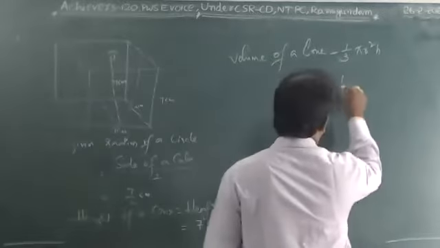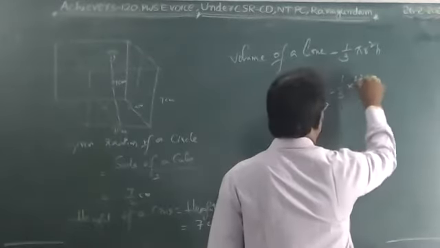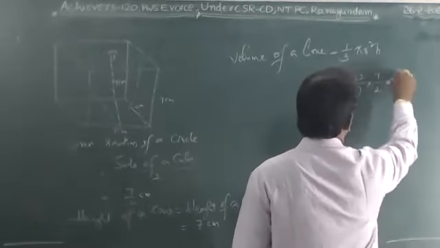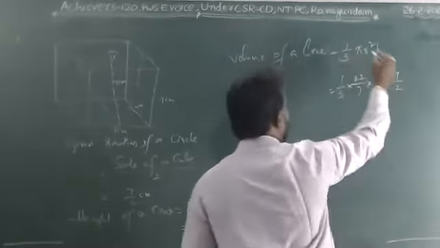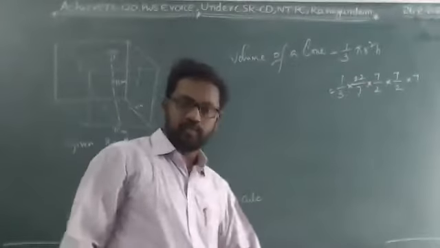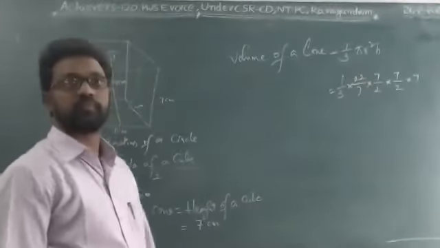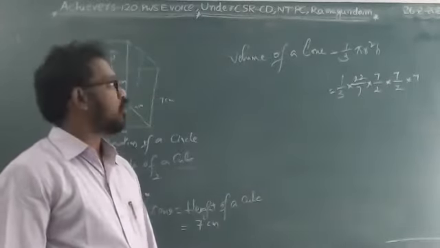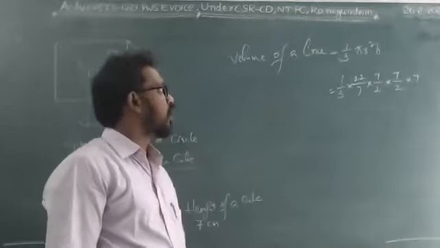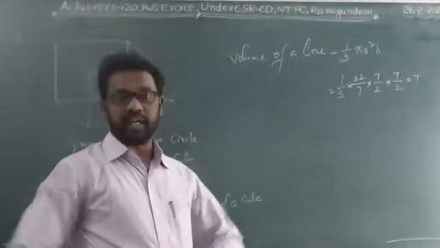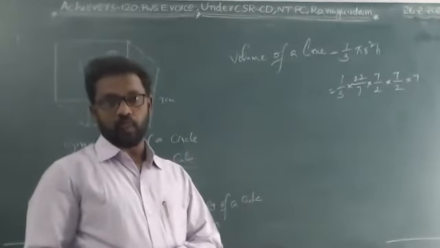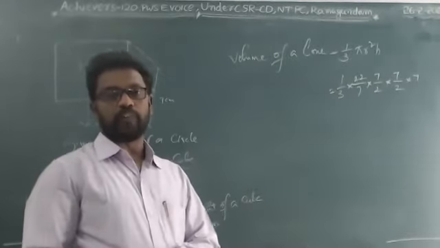So that is equal to 1/3 into 22 by 7 into the r value 7/2 squared, and the h also 7. Sorry, it is d by 2, 7/2, that is 3.5.